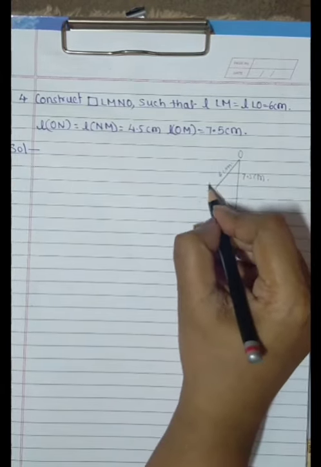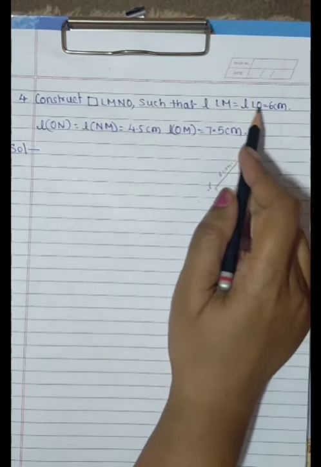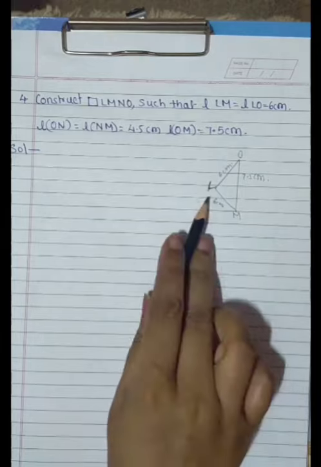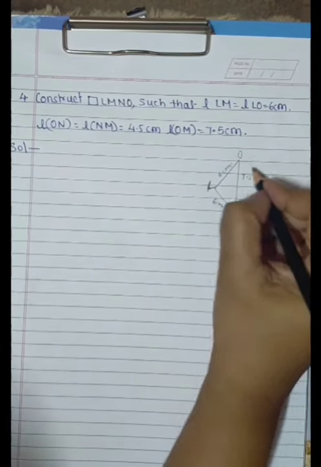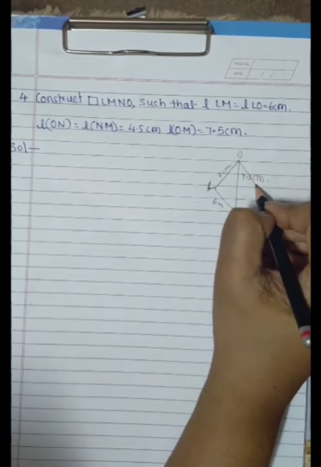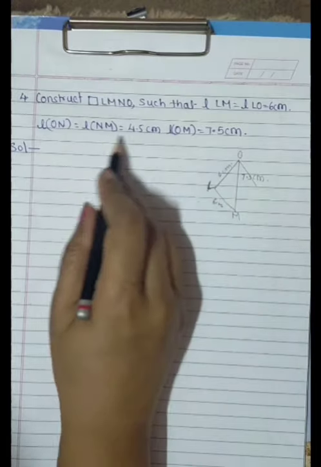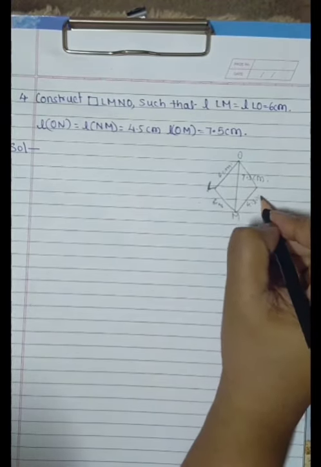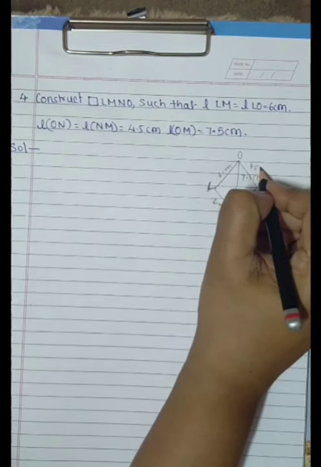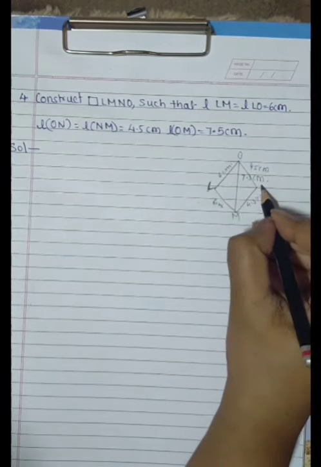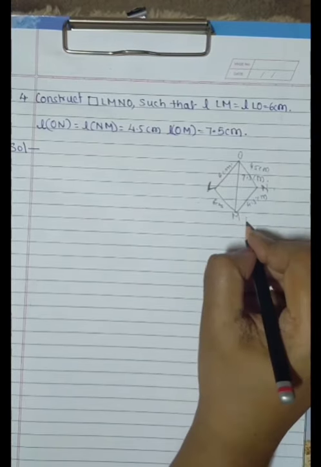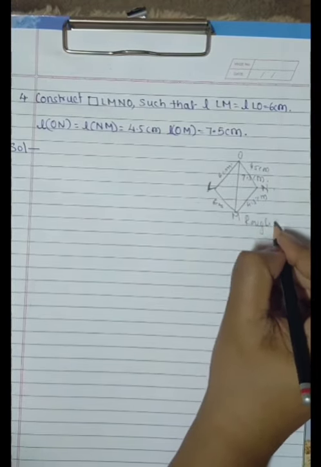This is our L. So LO and LM is equal to 6 centimeter. Then this side we take 4.5 centimeter, 4.5 centimeter both sides, and this is our N. Okay, this is the rough diagram.